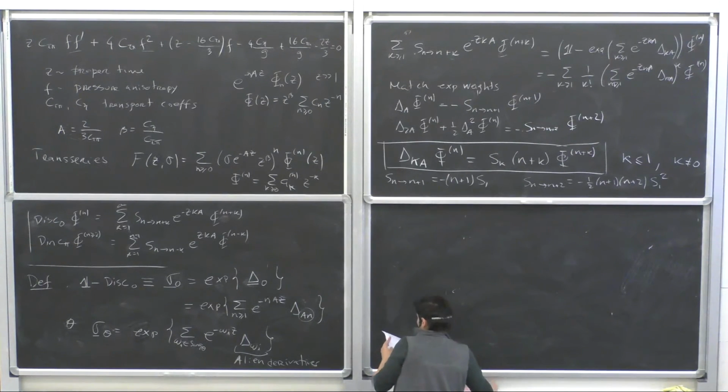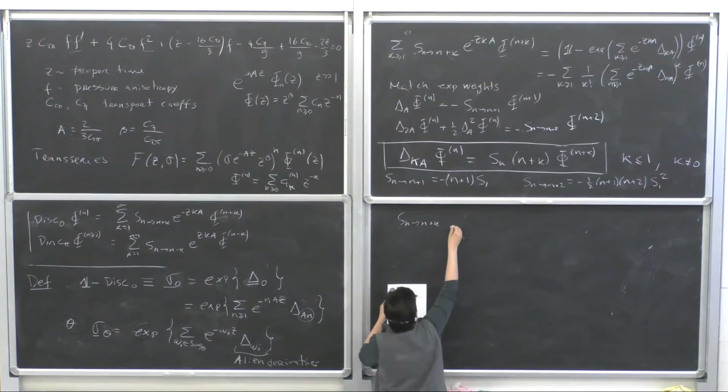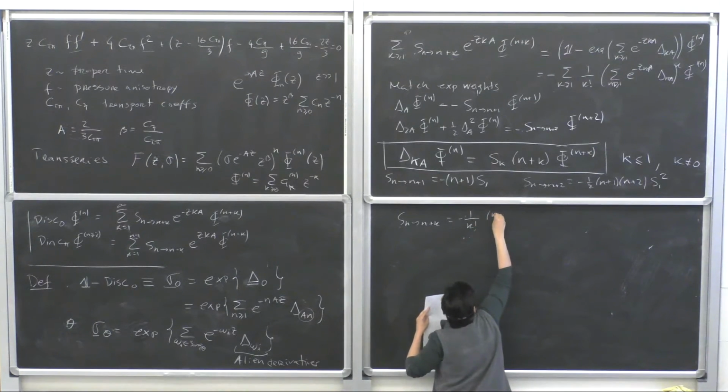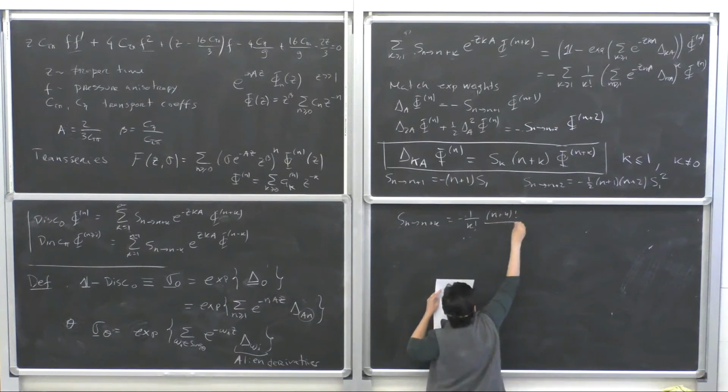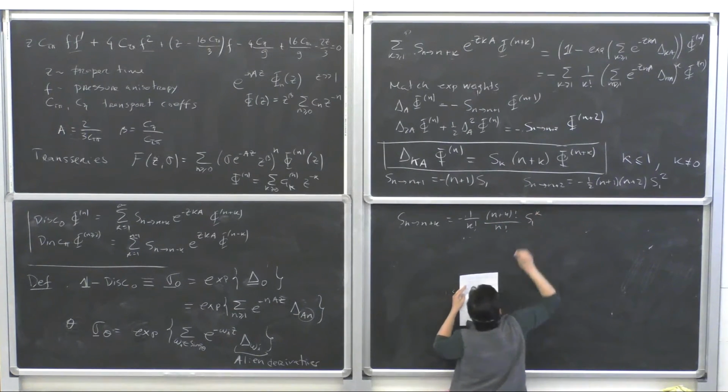So I can write that Sn n plus k is actually just minus 1 over k factorial, n plus k factorial divided by n factorial, S1 to the k.